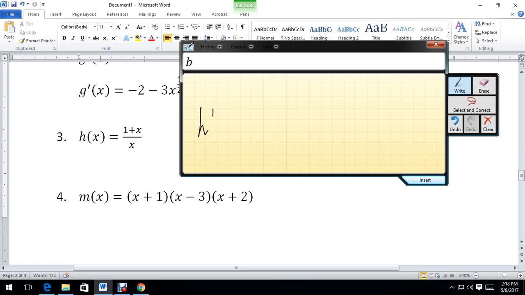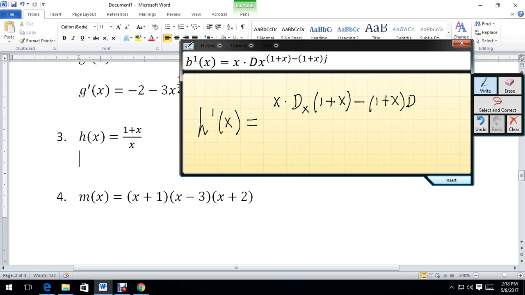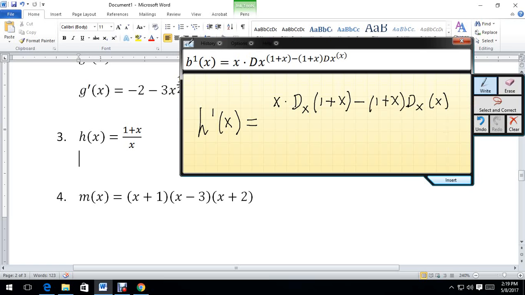So h prime of x is equal to low times derivative of high, minus high times derivative of low, all over low square.